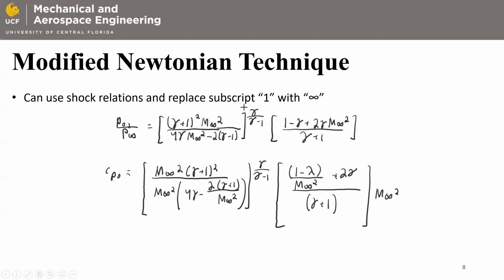I got tired of writing in text, so you're going to have to deal with a little bit of my handwriting here because I had already written it down. You can use the oblique shock relations, replacing the subscript 1 with infinity, and derive these equations for your pressure and your pressure coefficients. They're long, but there are online calculators you can use. You could write your own calculator to do all this too.